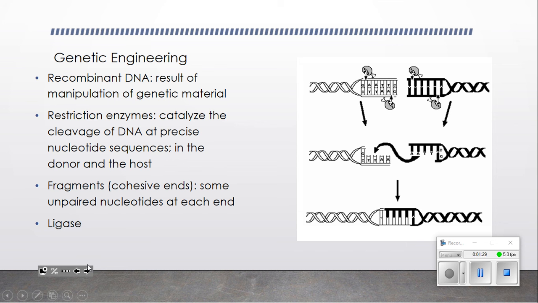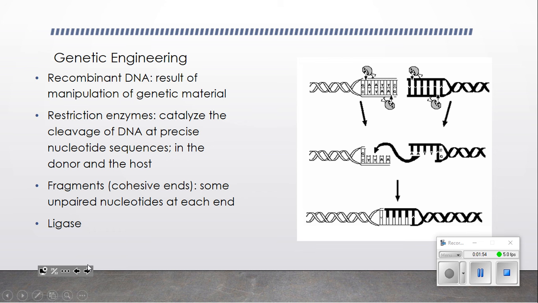Of course, there would be more details in real life, but in general, you need first something called a restriction enzyme. This is yet another enzyme in addition to the ones we saw for DNA replication and for transcription. So in DNA replication, we had primase, helicase, DNA polymerase, ligase.